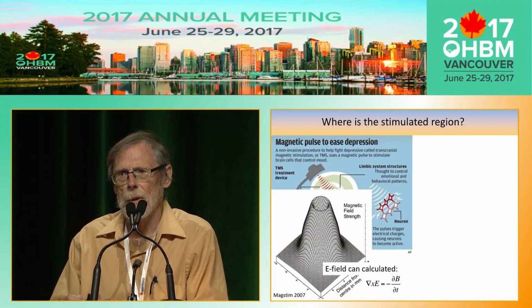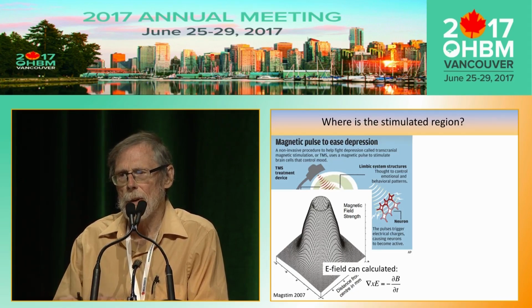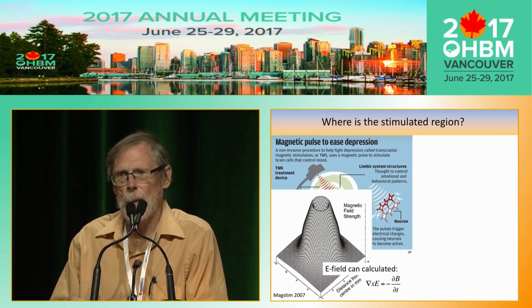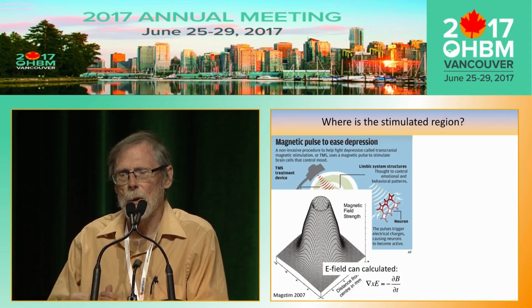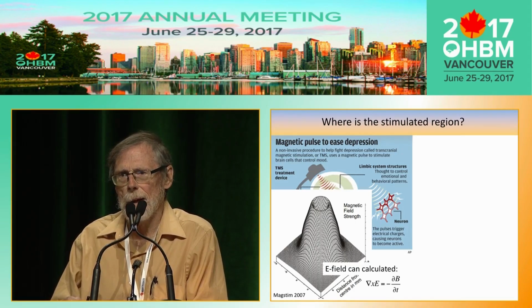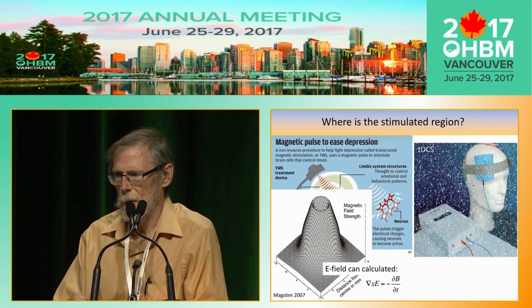It's the electric field that makes a difference, and that will depend on the electrical properties of the material, and whatever currents are generated. So even though the magnetic field is pretty well known and can be calculated easily, the electric field and where it goes is not necessarily.